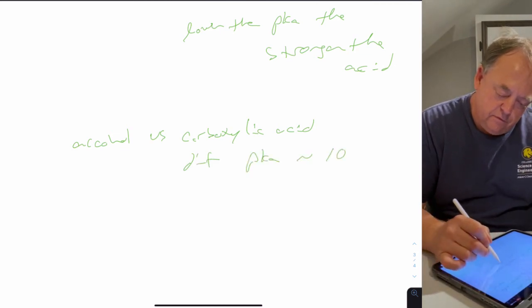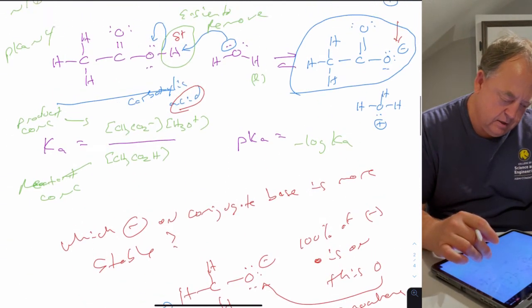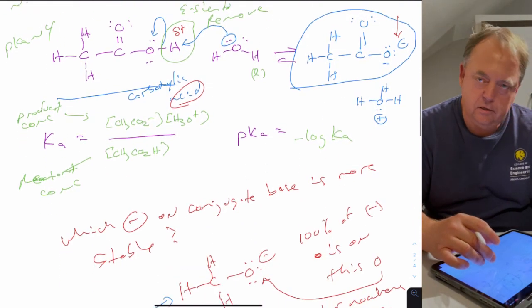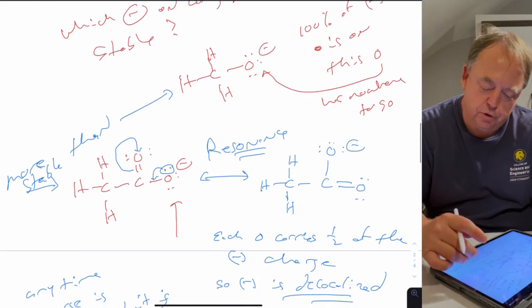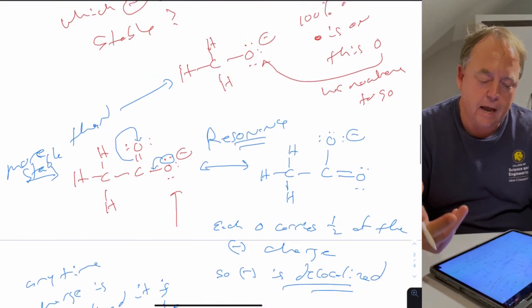So the difference in acidity is about 10 to the 12, which is huge, right? So pKa of 16 versus 4, about 10 to the 12. So carboxylic acids are a lot more acidic than alcohols are.